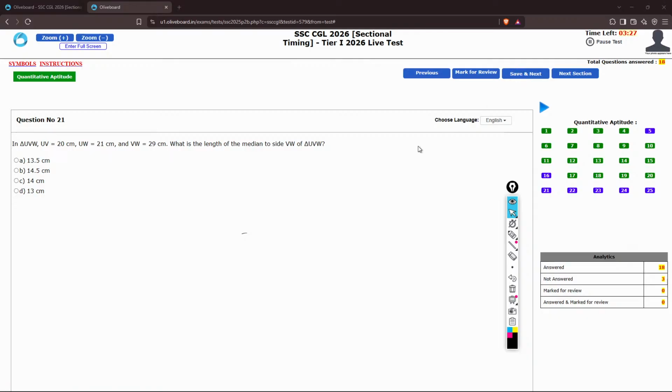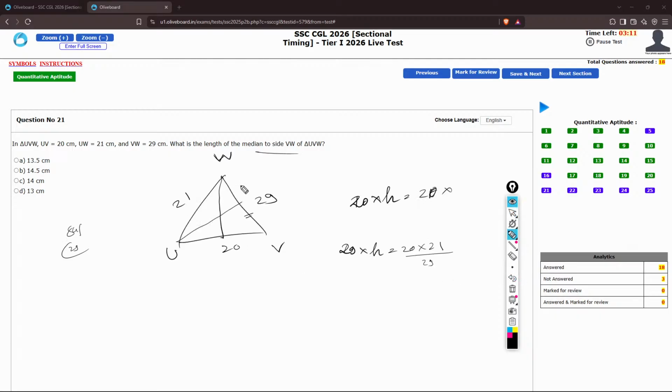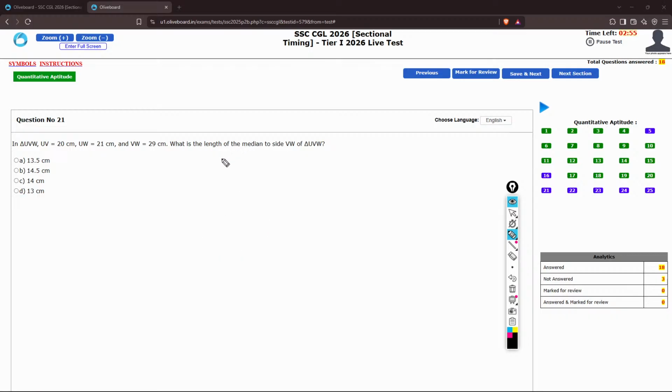Median. The formula for median is... so median, right? These two are equal. So what? This is 14.5, this is 14.5. Okay, no idea.